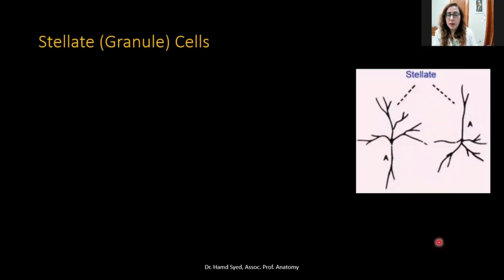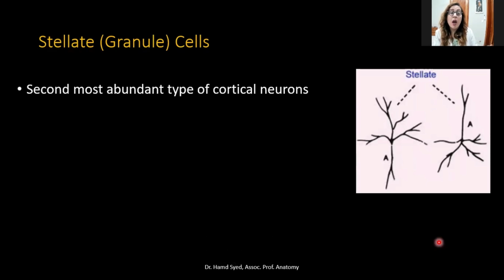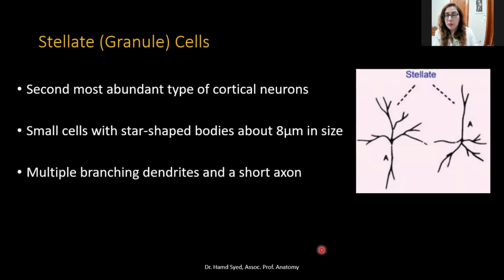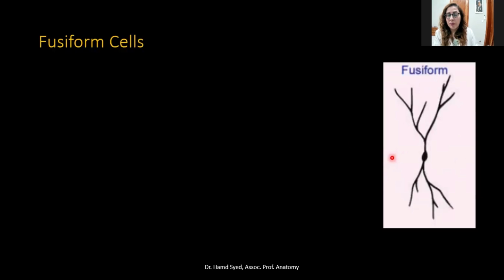Now, the other cell type which is abundant is the stellate or granule cells. Like I told you before, the word stellate literally means star-shaped cells. So these are the small size cells, about 8 microns in size, and they have multiple branching dendrites, and they have a very short axon.